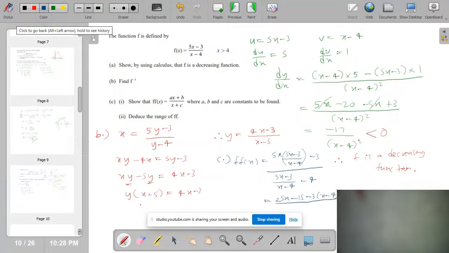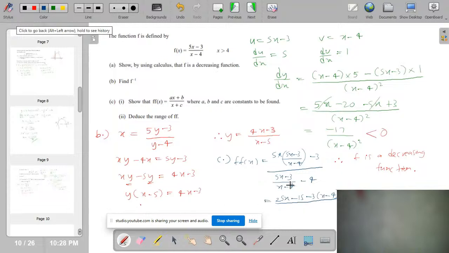The whole thing is divided by 5x minus 3, minus 4 should be multiplied by x minus 4. Then almost done. Simplify 25x minus 3x, so it becomes 22x minus 15 minus 3 to minus 4 plus 12, right?